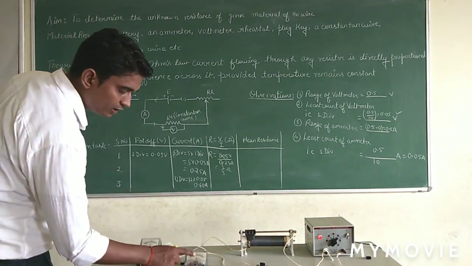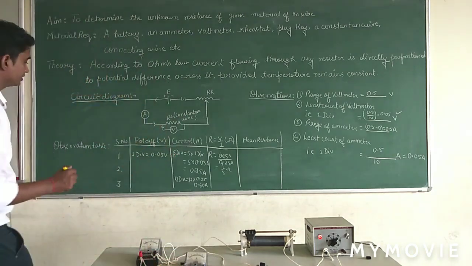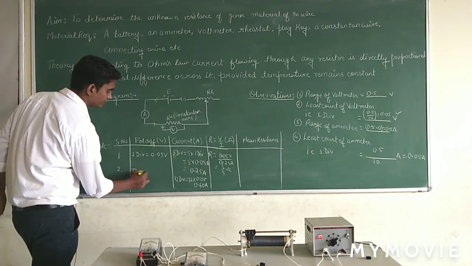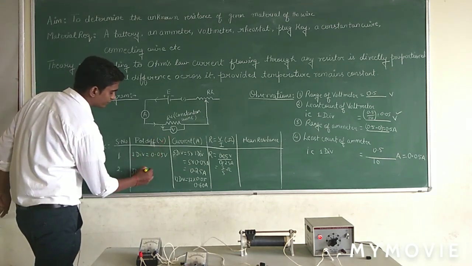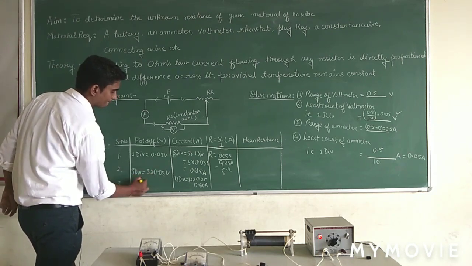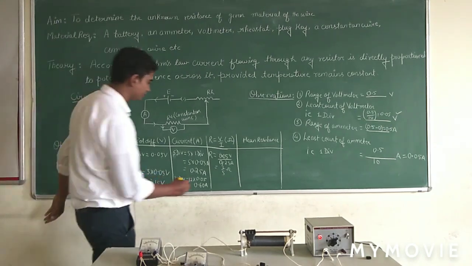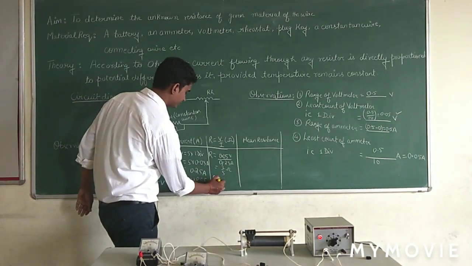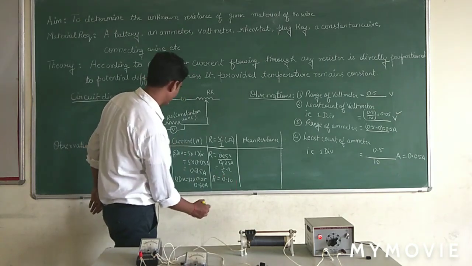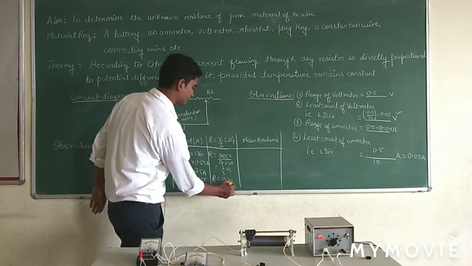And what value is our voltmeter showing? The voltmeter is showing the 3rd division. 1 division is 0.05, so 3 divisions is equal to 0.15 volt. Now calculate the resistance. The resistance comes out 0.60 divided by 0.15.